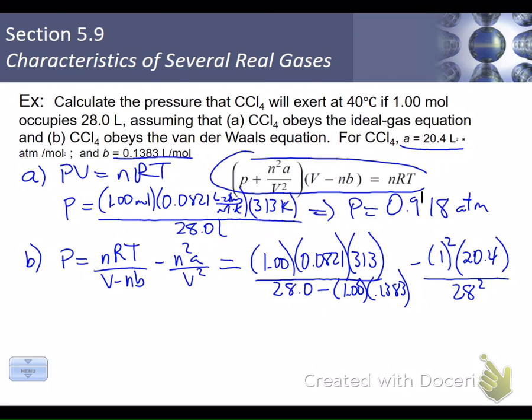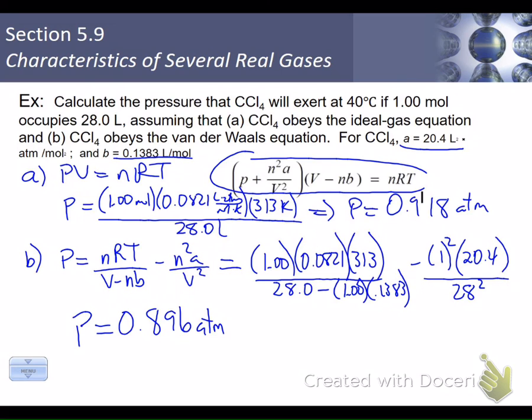You can do it at your leisure, and I suggest doing it in pieces and writing it down. But when it's all said and done, this answer comes out to be 0.896 atmospheres. So we did see a decrease in the pressure, as predicted from our PowerPoint discussion.